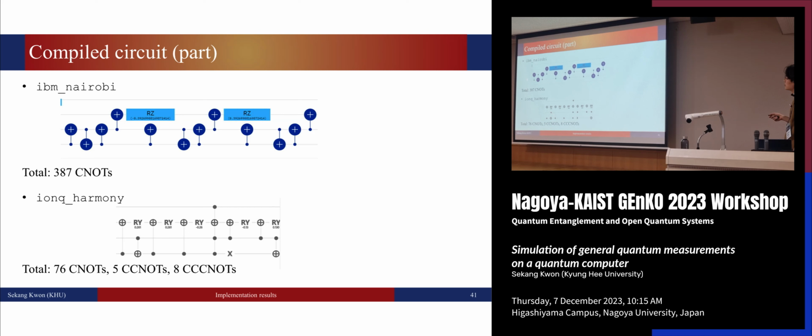In the compiled circuit, there are 387 CNOTs in total, and in the IonQ Harmony, there are also many CNOT gates and multi-qubit CNOT gates like this.